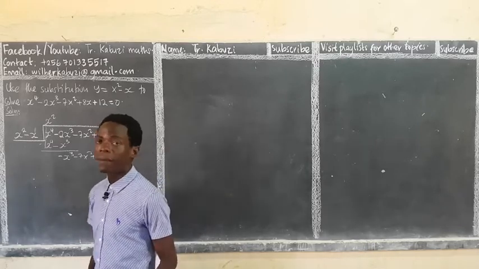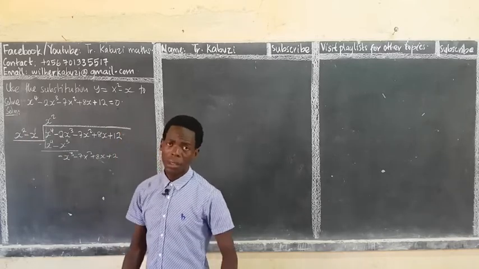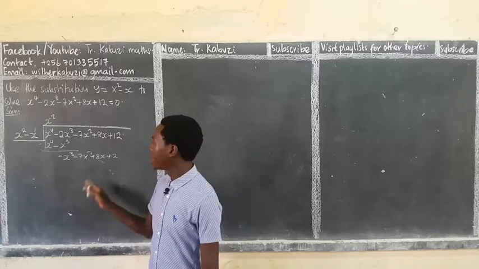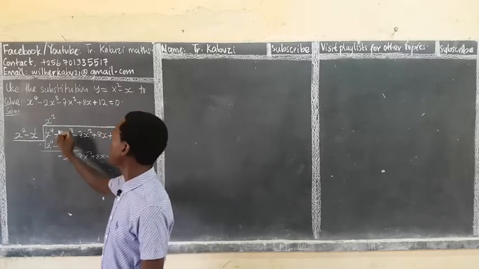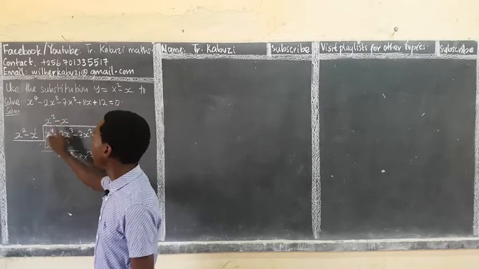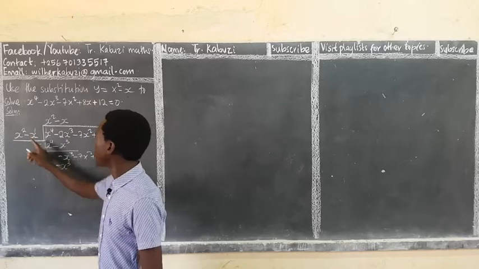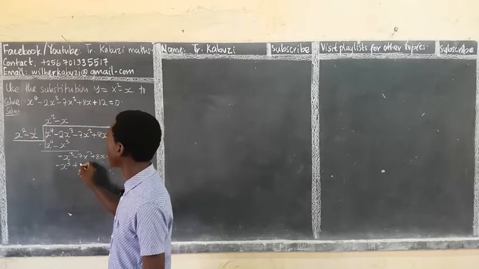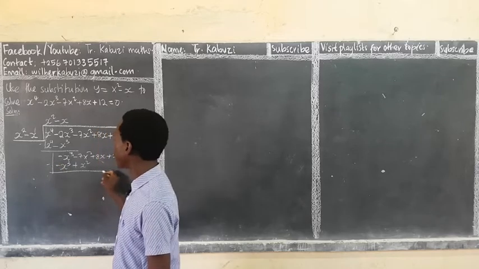We said we long divide until the power of the term in the divisor is greater than the power on the remainder. So this goes here, we shall get negative x. This times this we shall get negative x cubed. Then this times this we shall get a plus x squared. Then we subtract.